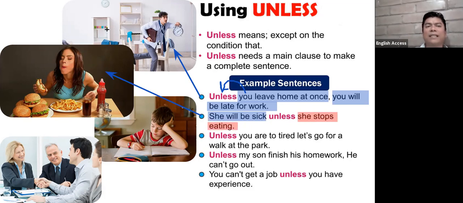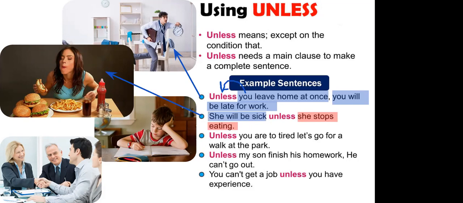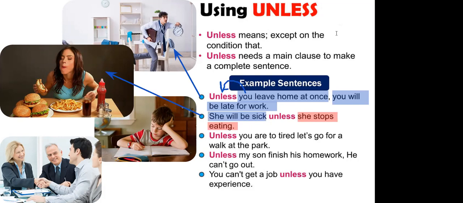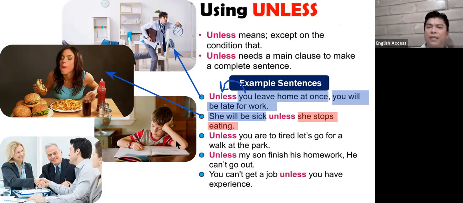You need to know what the result is. The result is that she will be sick. And the condition is unless she stops eating. So to change the result, she will be sick, we need the condition, she stops eating.